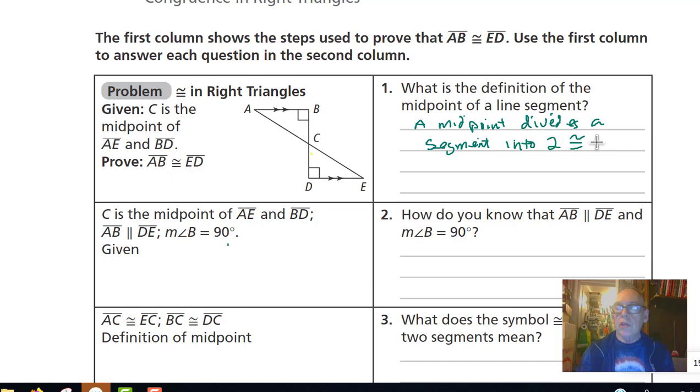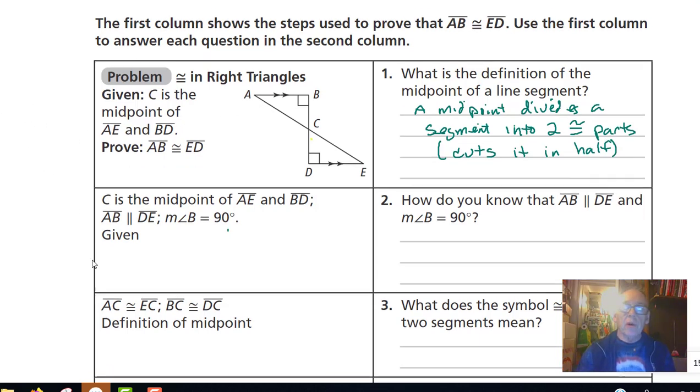I'm going to use the congruent sign. It cuts it in half. So that's what a midpoint of a line segment does.